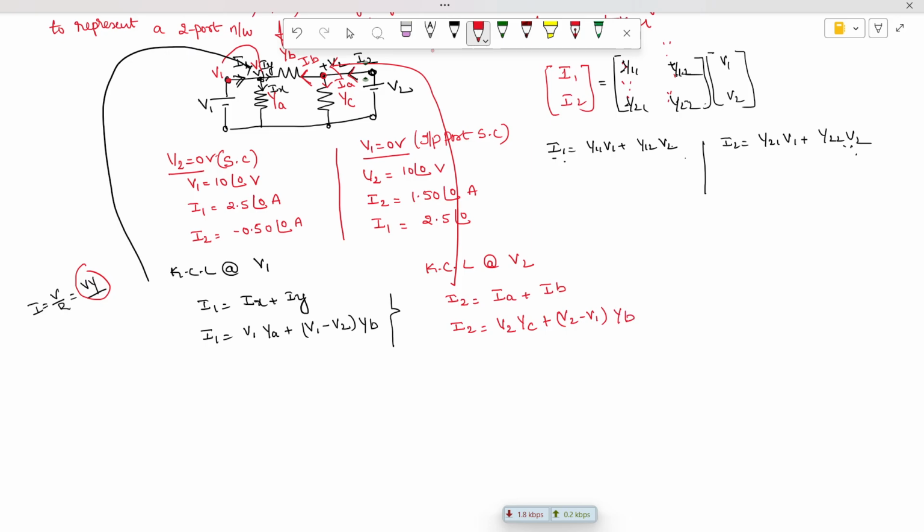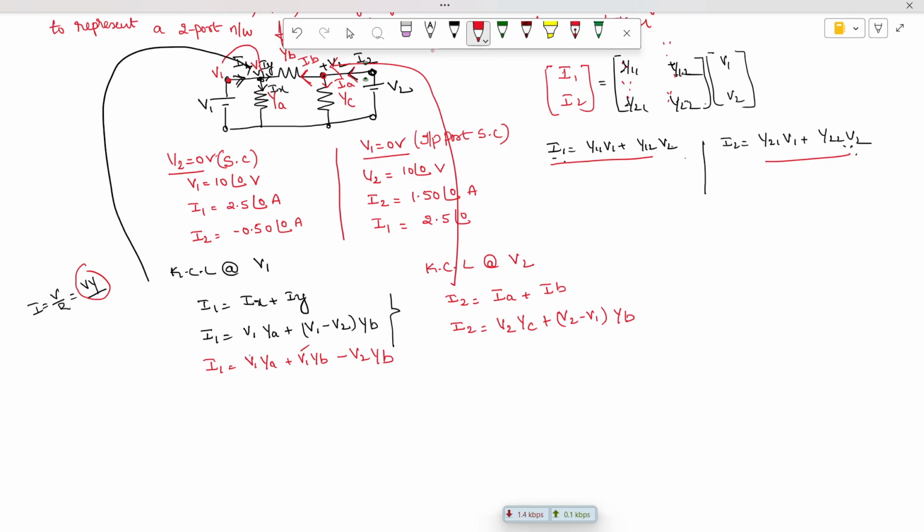Now we have to represent this in the standard format. You may ask, sir, why have you written Z? Sometimes, by solving multiple problems, confusion may occur, so we should be very active. Let's write in the standard format. I1 is equal to V1 YA plus V1 YB minus V2 YB.